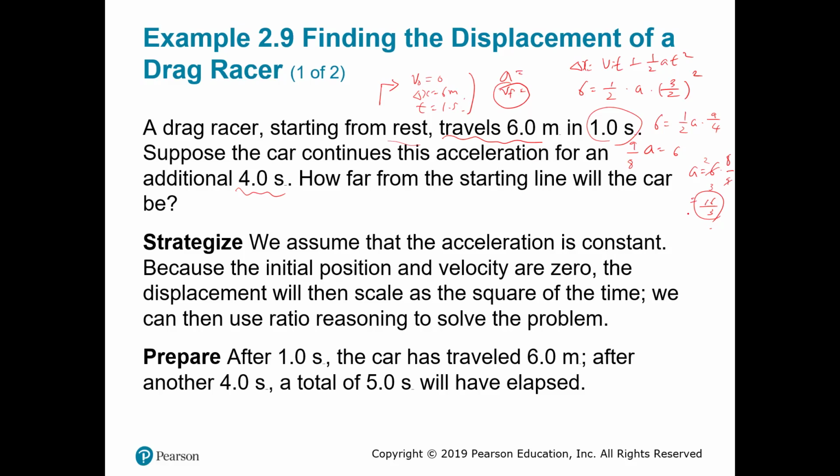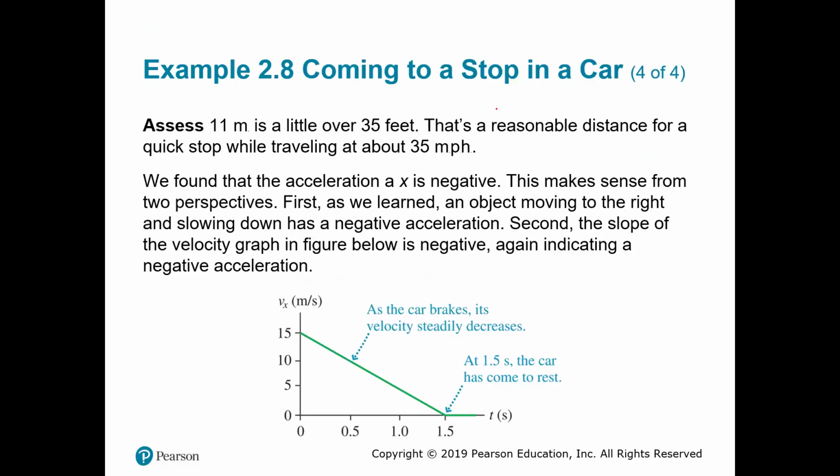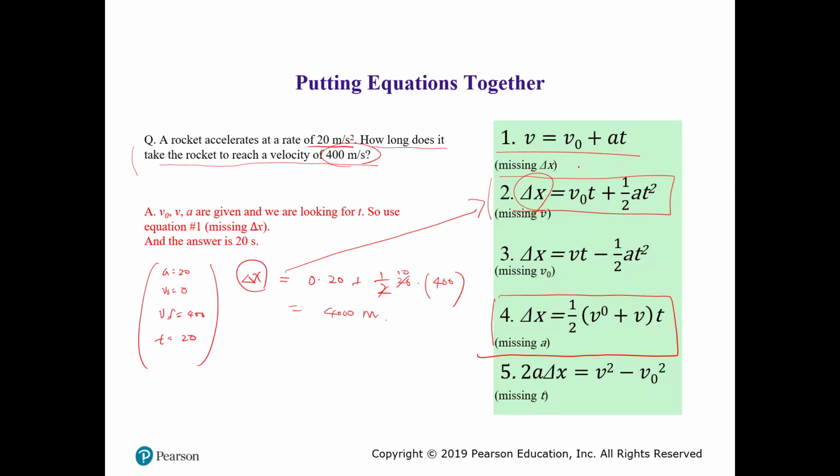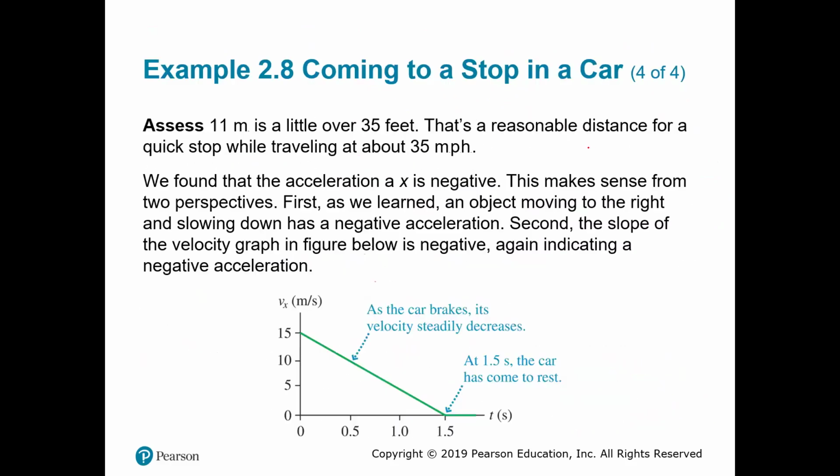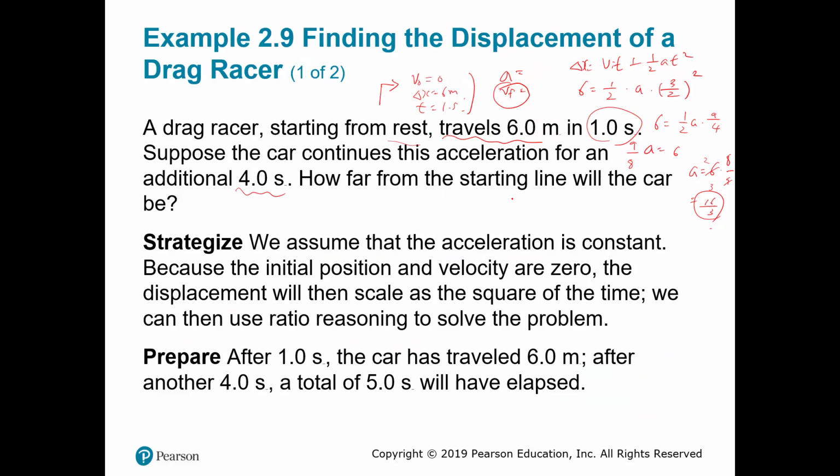And then you can also find the v final as well, right? How do you find the v final? Now you can use any equation in these 5 equations to find the v final. For example, you can use number 1, v final is v initial plus at, right? So your v final is v initial, which is again 0, plus the a we found times t.